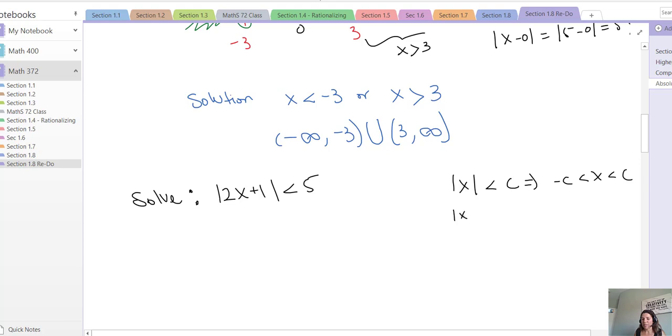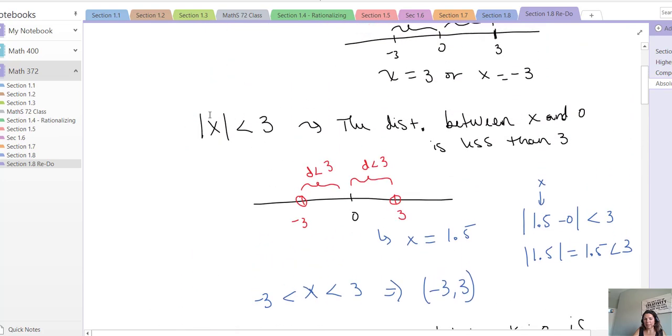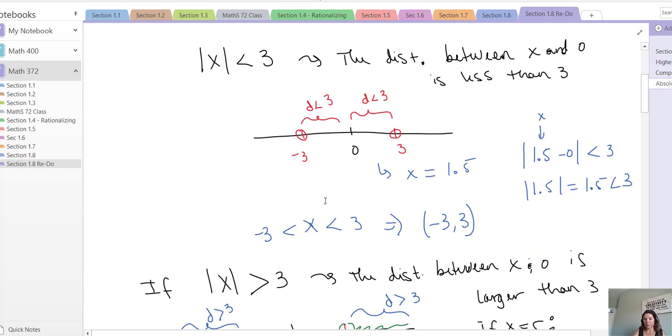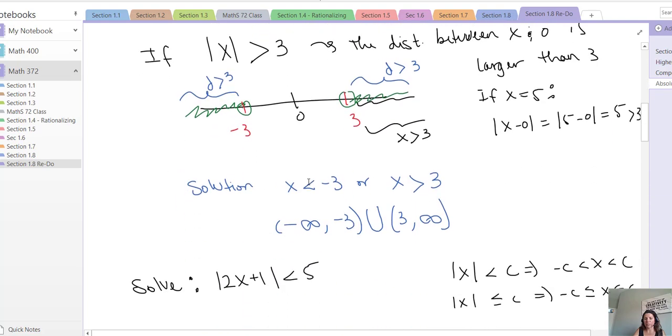If you have the equals there, it's the same thing, it's just that then you would have the equals in there as well. So that's like our first example. If you want the distance between x and 0 to be less than the number, then you're in that interval. I call it kind of like the sandwich, x is sandwiched between the two numbers.